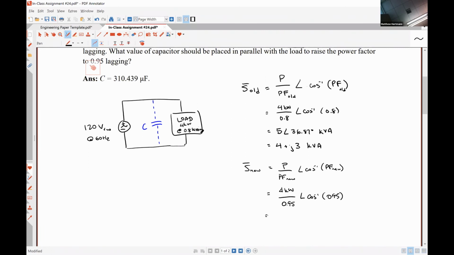And that gives us 4.210, you can't really see the period there, with an angle of 18.195 degrees kVA, or in rectangular form, 4 plus j1.315 kilovolt amperes.